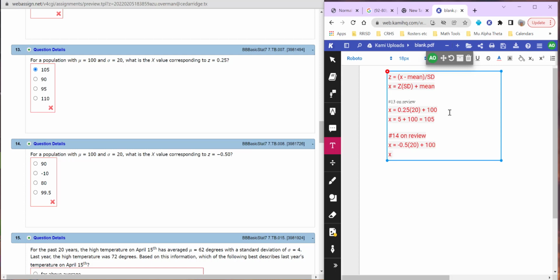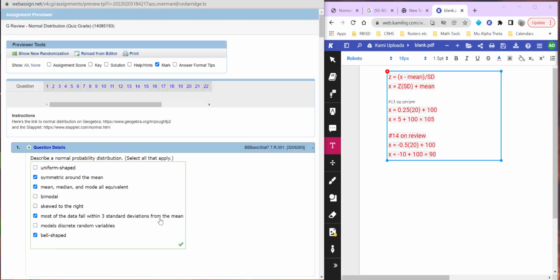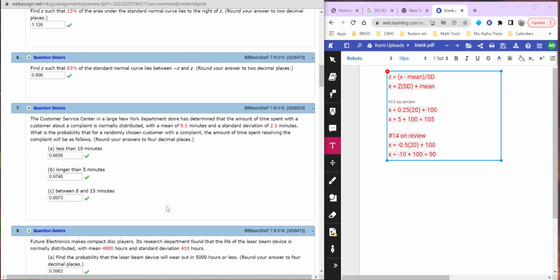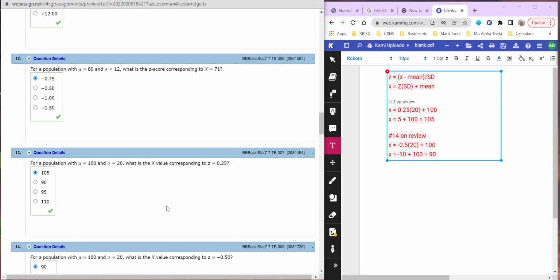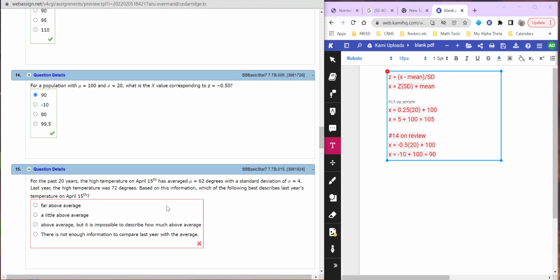So x equals negative 10 plus 100, which is 90. So I'm going to pick 90 as my answer right there, and we'll go ahead and submit both of those. Okay, so you can see we got them both right, as we should.